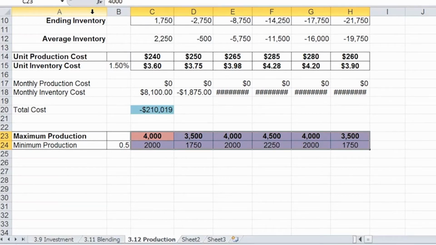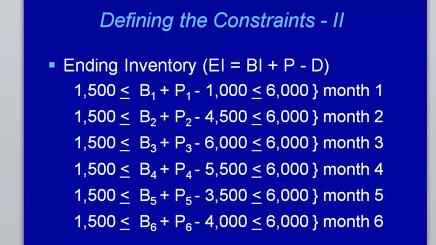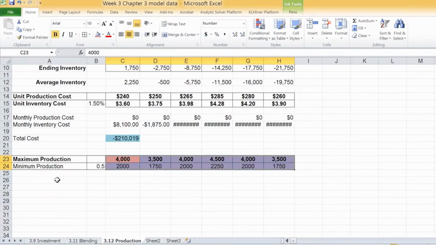So that's two constraints. And then the next thing is the inventory. We had a group of constraints. Inventory minimum will be 1,500 and the maximum will be 6,000. That's the same for all 6 months. So to put them in the same format, I'll just put here maximum inventory and the minimum inventory. So the maximum inventory is 6,000. This is a given.